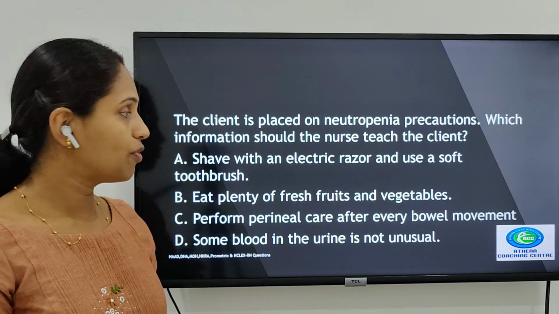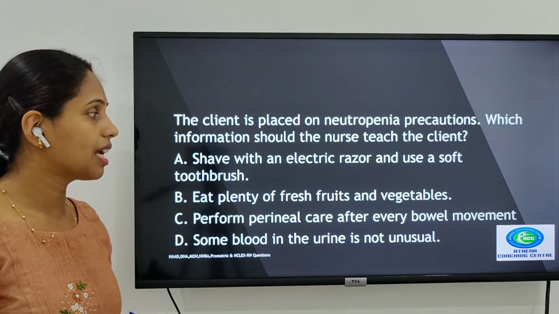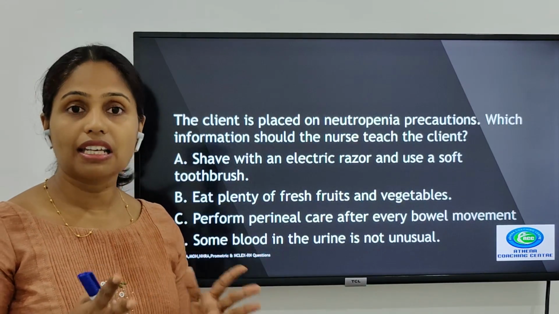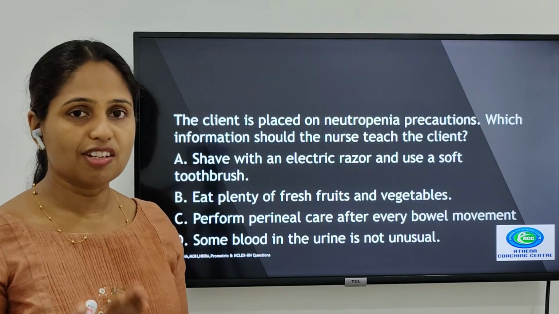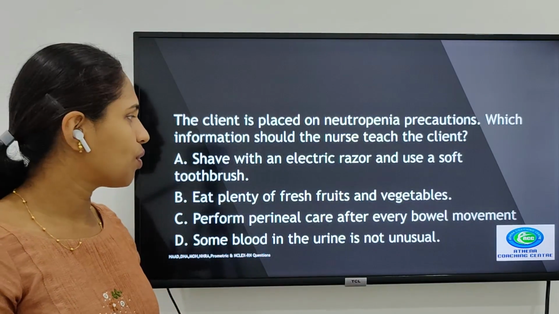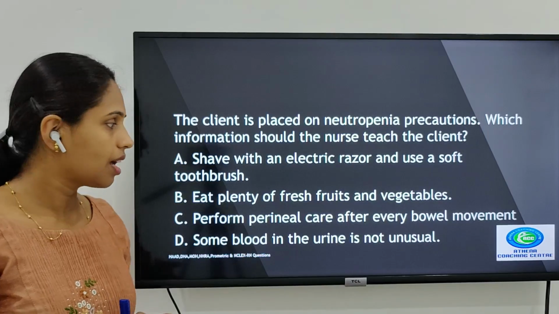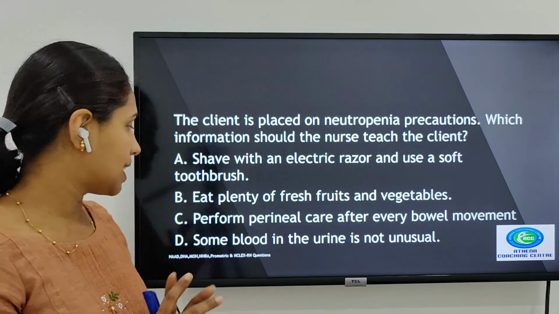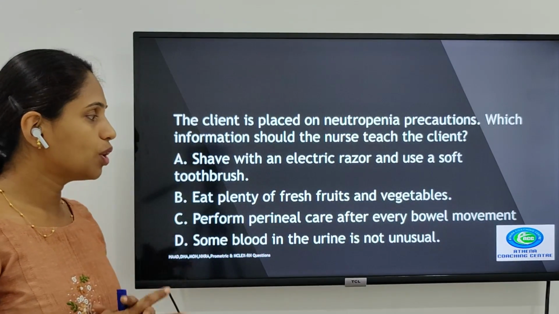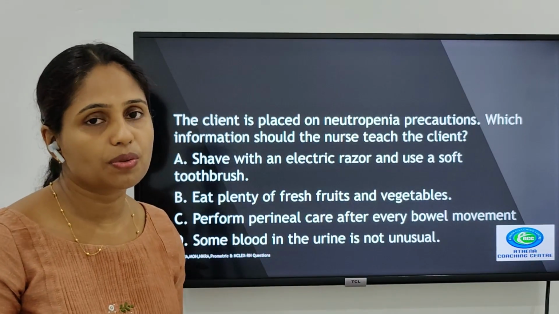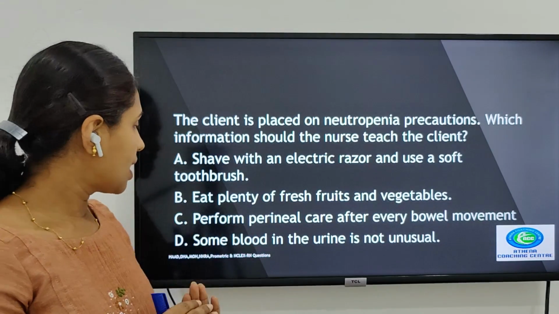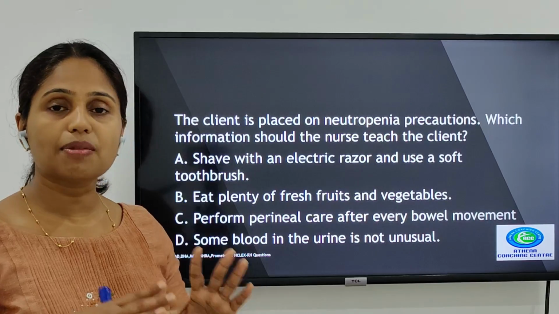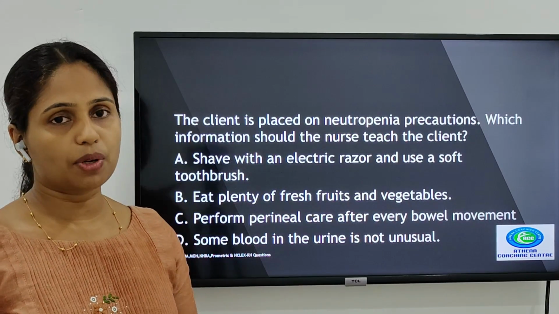And C, perform perineal care after every bowel movement, which is a cleaning method where, after a bowel movement, you follow a thorough cleaning method. Obviously that will help to prevent further infection. And D, some blood in the urine is not unusual. That statement is related to bleeding precautions.